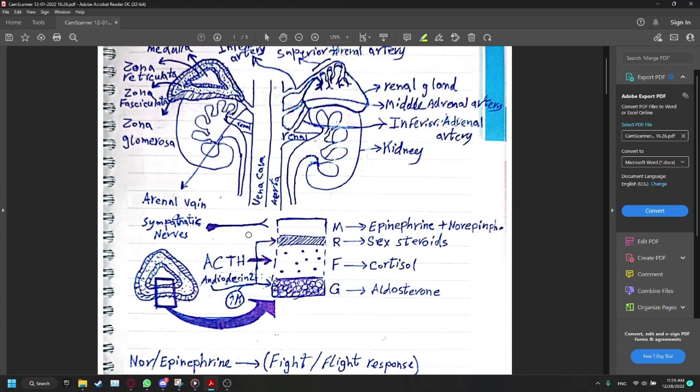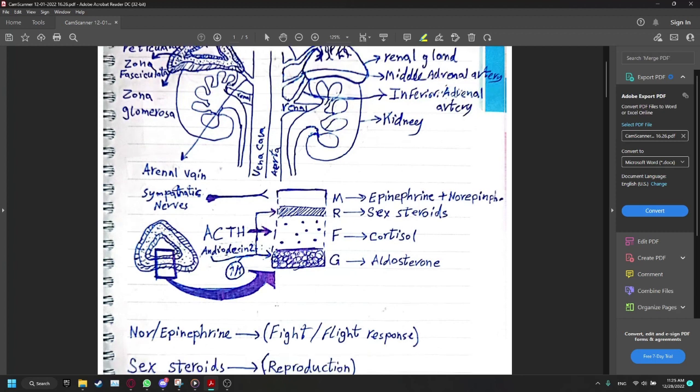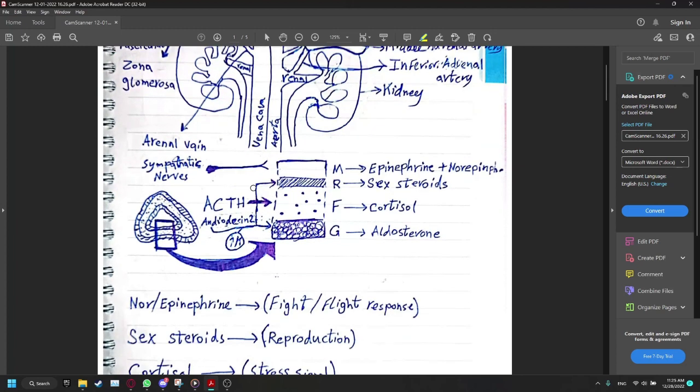So it's the only part of the adrenal gland that produces the hormones epinephrine and norepinephrine by a nerve, and only a nerve. We also have the cortex, which doesn't get stimulated by a nerve. However, it does get stimulated by hormones, and we're going to talk about those hormones in a second.